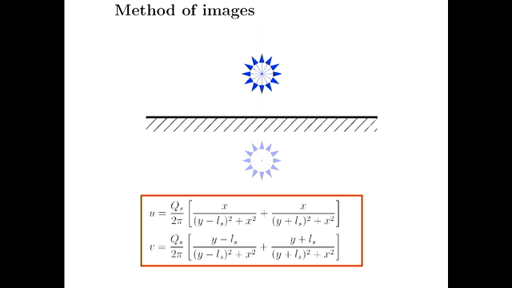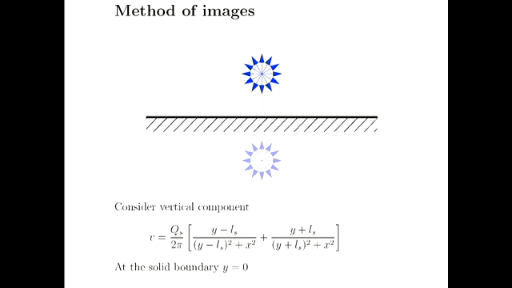What do I know at the wall? How can I describe the wall? y equals 0, right? So I can substitute y equals 0 into these expressions. So consider that vertical component of velocity and let y equals 0. Okay, so y equals 0 is the line of the wall shown by that red dot dash line.